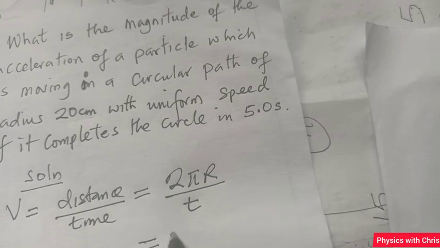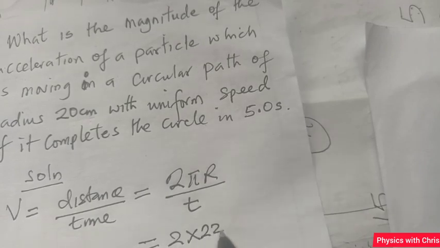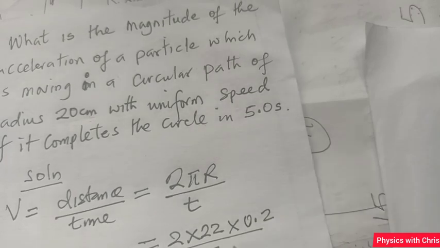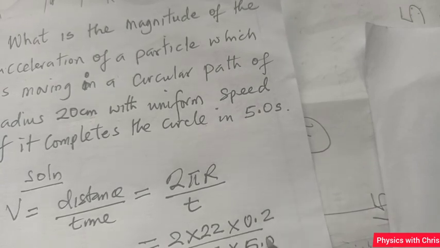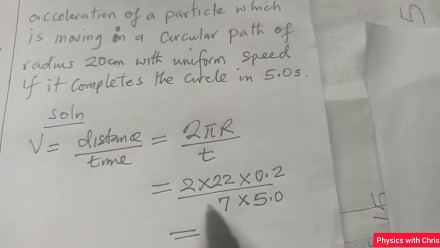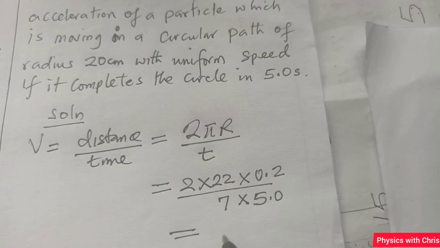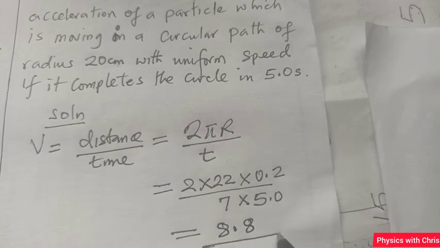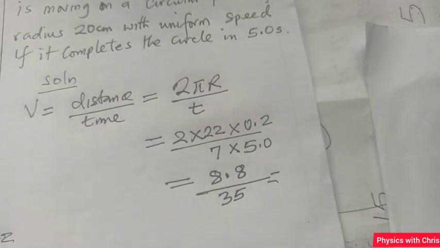So that gives me 2 times 22/7 times 0.2 meters over 5 seconds. We need to evaluate this quickly. That will give us 44 times 0.2, which is 8.8, divided by 35. So I can quickly evaluate that with my calculator.